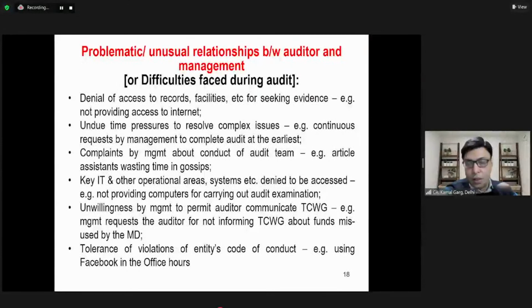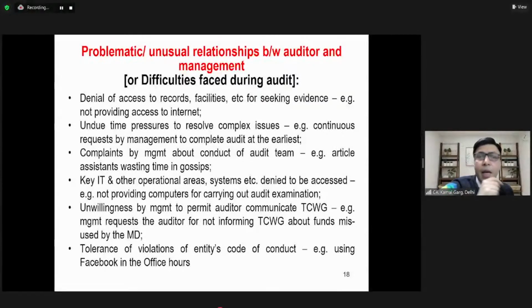So in simple scenario, frauds and errors or misstatements in the financial statements may not be identified because of the following difficulties that auditor may face during the audit. What are the difficulties? Institute has given the difficulties only. Examples are not given. So out of my experience, I am sharing examples also. So let us read one by one.